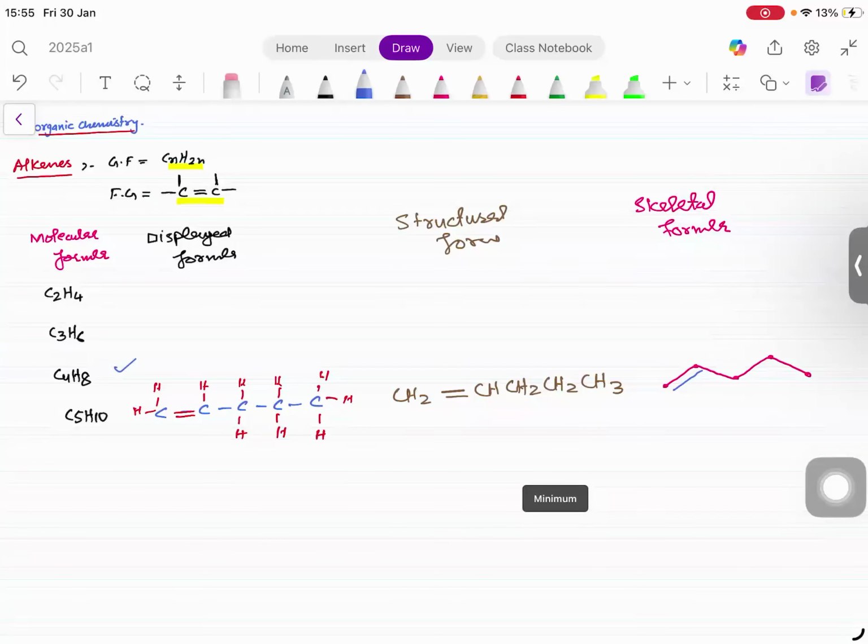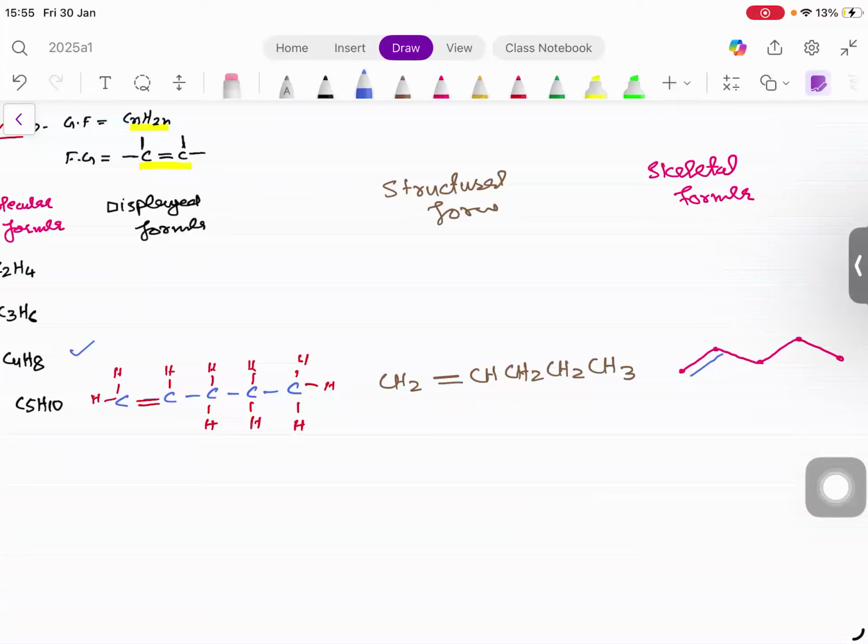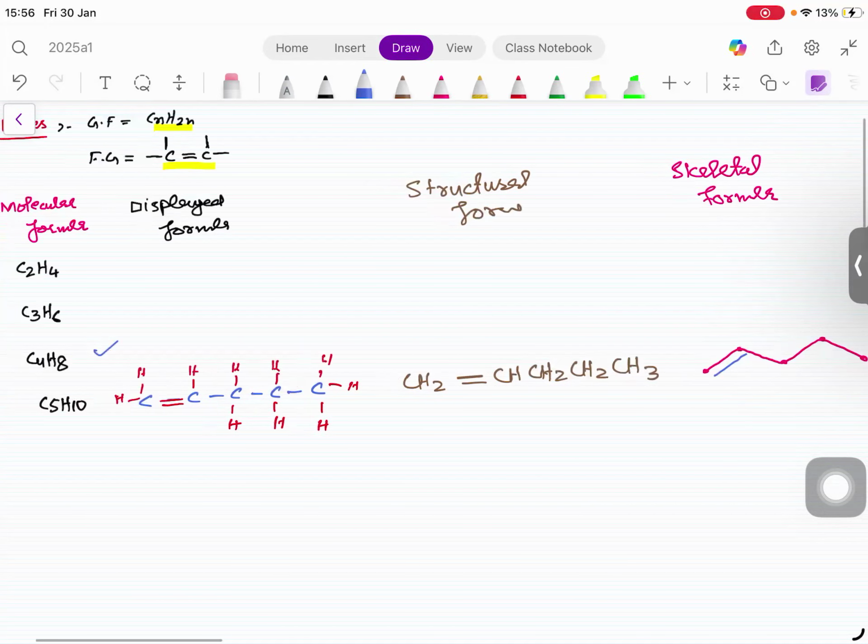Can you draw the displayed, structural and skeletal for C4H8? That's right. But not all three. All three are done? Yes, good to go.